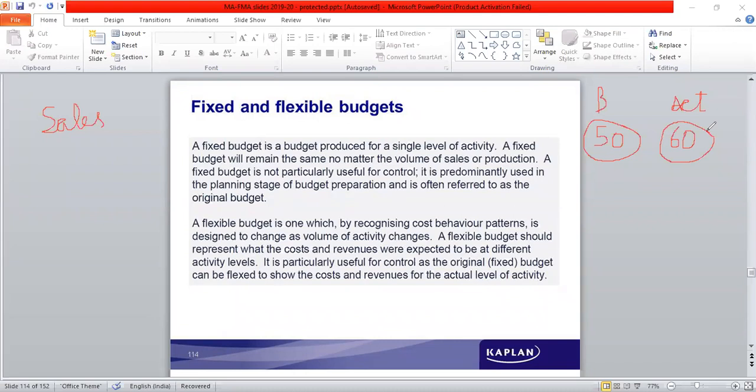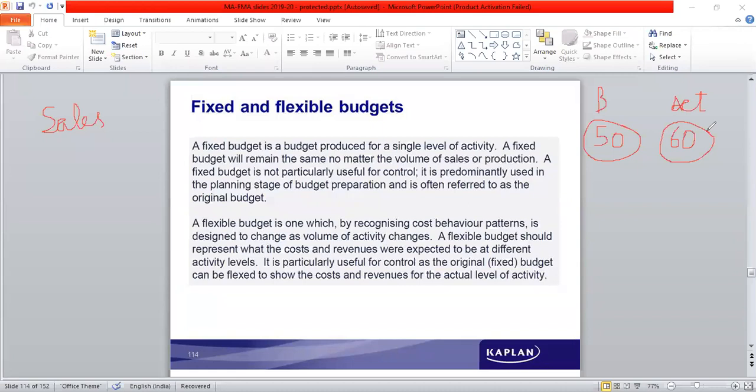That is how it has to be measured. So also, when the activities are at different levels, one is at 50,000, one 60,000, any two different levels, the actual cannot be made on par with the budget.